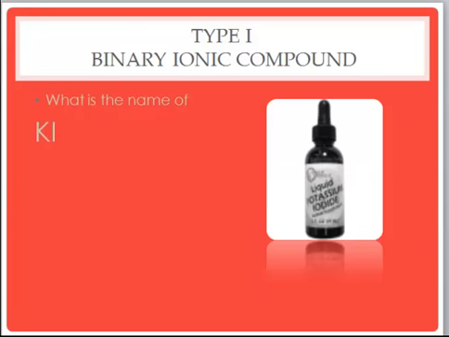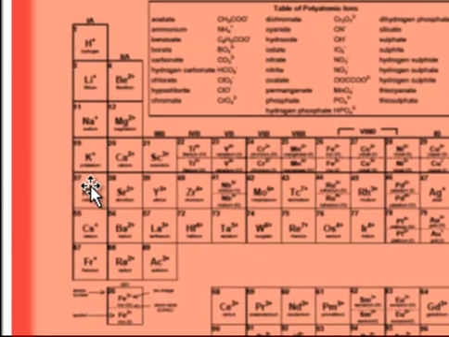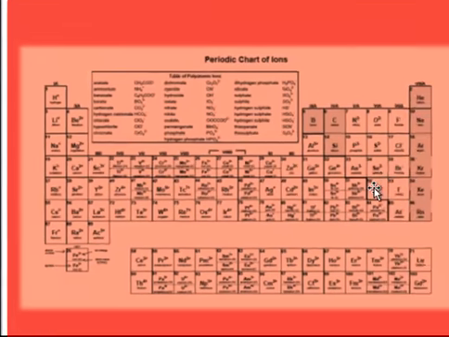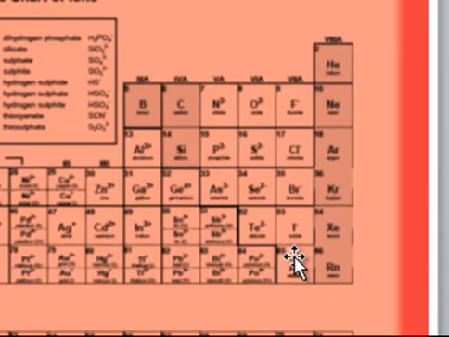Let's try another one. This compound, KI, is found in mineral supplements. Iodine is good for our thyroid gland. Potassium is good for our nervous system. Let's look at the periodic table again. K is a metal. It's found right here. It's potassium. It's a +1. And iodine is over here. It's a nonmetal. It's on the right-hand side of the staircase.